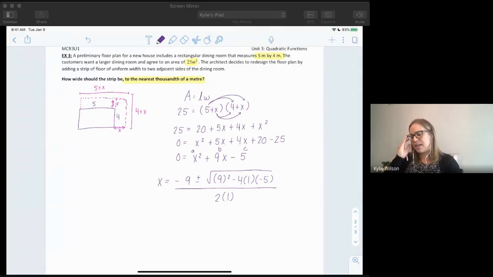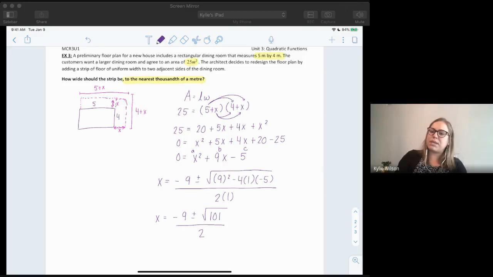Like this. Now I'm just going to simplify all that stuff under the square root sign. So 9 squared minus 4 times 1 times negative 5, and we'll get 101. So we have x equals negative 9 plus or minus the square root of 101 all over 2, like this.